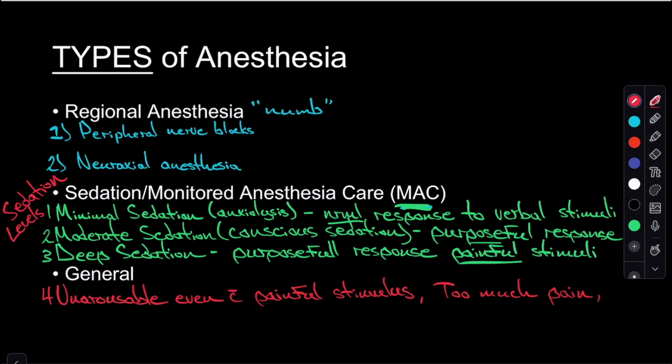The other would be if you're having difficulty managing the airway with monitored anesthesia. And then if you had contraindications to using monitored anesthesia care or regional anesthesia, or if the surgical procedure was occurring in a place that just didn't allow for regional anesthesia, then you might have to use general anesthesia as well.